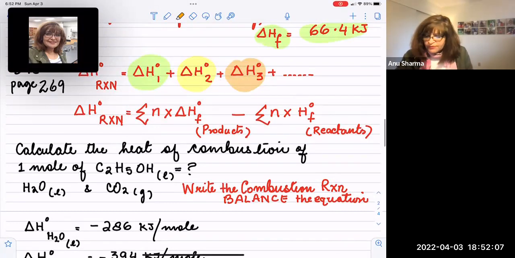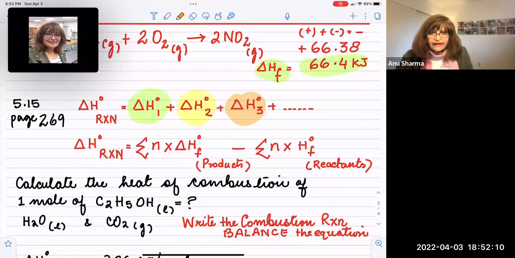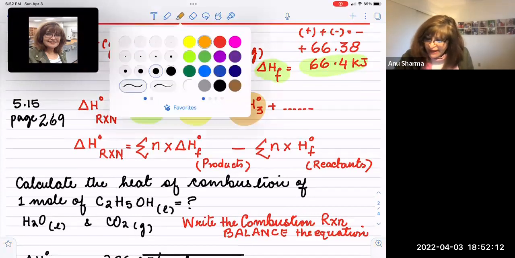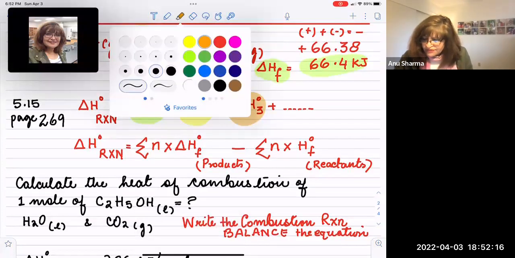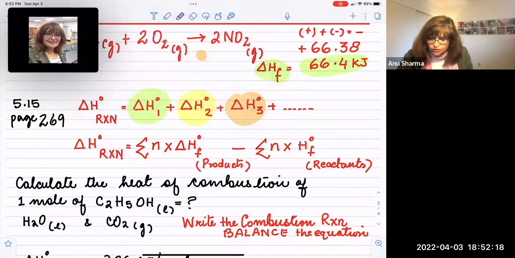Remember, it's a law of summation. Hess's law is that. So you add up all of this and you will get the total for the target reaction. So that is one way of doing it.